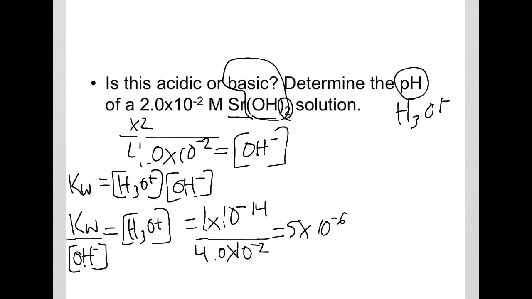That gives me, let's erase this, that gives me 2.5 times 10 to the negative 13. And so then the negative log of that value, 2.5 times 10 to the negative 13, is equal to my 12.6.